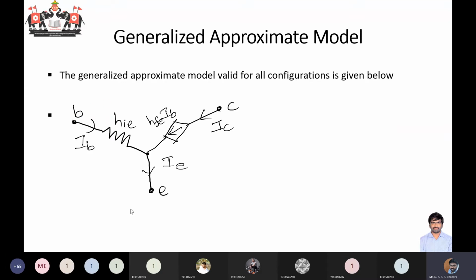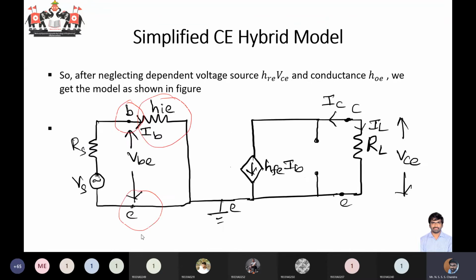IB. Now coming back to the output circuit, between collector and emitter, we have only one element, which is your dependent current source HFE into IB. Okay, and the current passing through this network is IC.